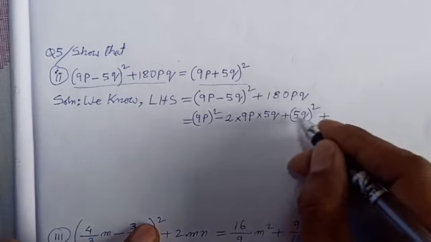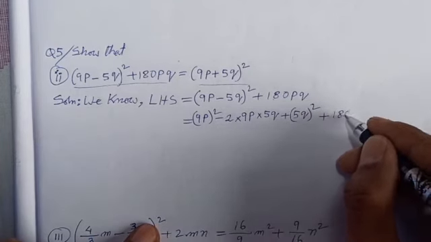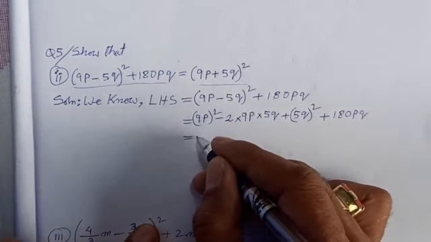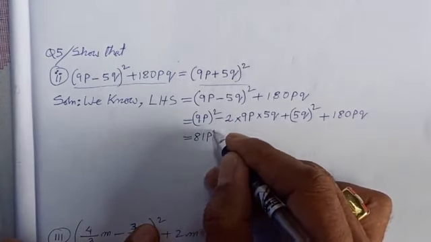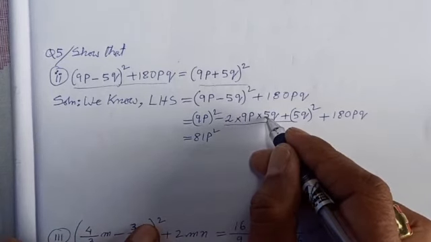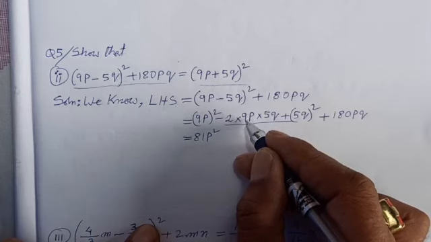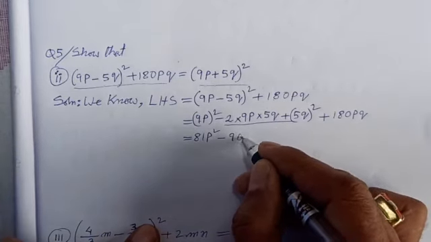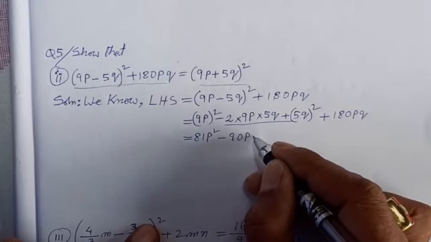Plus 180pq. Then next, 9 square is 9 times 9, that is 81p square. Let us multiply this. 2 fives are 10, 10 into 9 is 90pq.